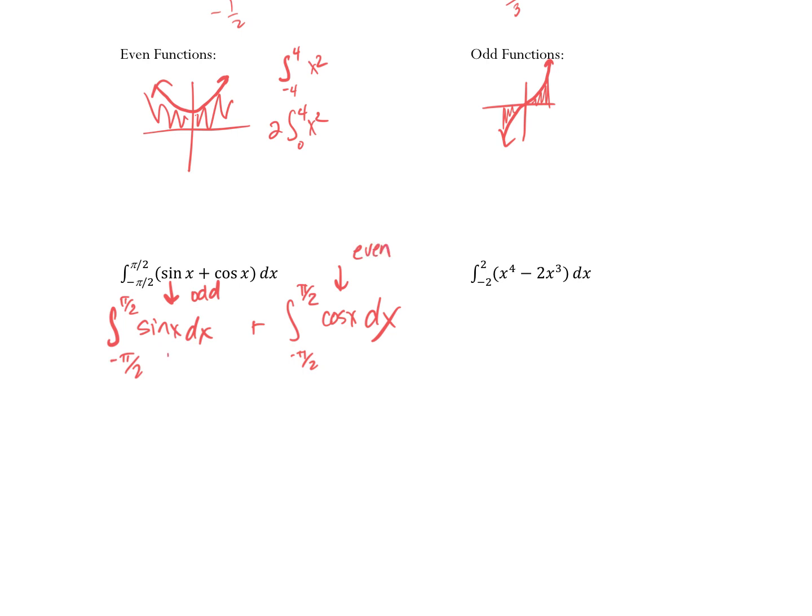What do I know the integral of this is going to be? 0 plus, and then I might say 2 times the integral from 0 to pi over 2. The reason I might do that, you guys, is I feel like cosine of 0 is a lot better to calculate than cosine of negative pi over 2.